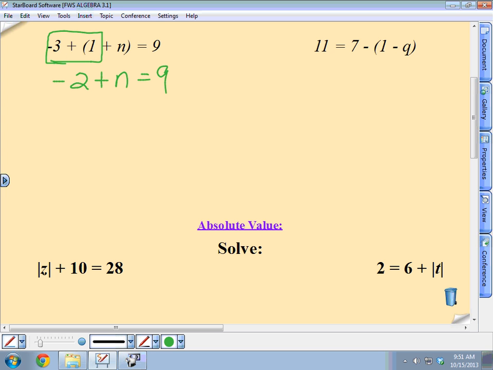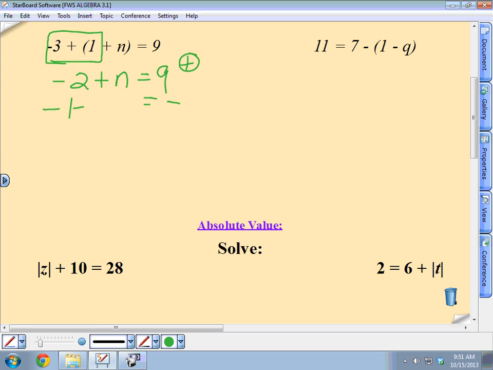And so now once you do that, you have the same problem that they had before. So what's the operation closest to my variable? Which operation is closest? Addition. How do I get rid of addition? You do the opposite. Good. What am I going to subtract from both sides? Negative 2.